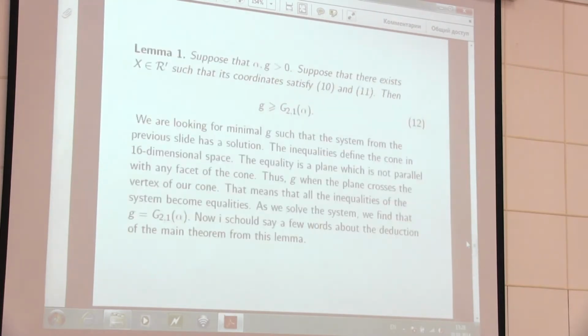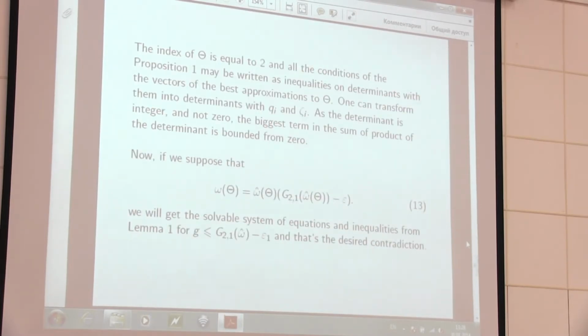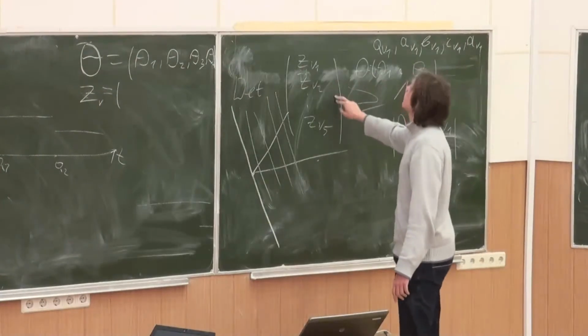And now I should say a few words. How do we deduce the main theorem from our lemma? If the index of theta equals 2, we write all the conditions of proposition 1 as inequalities on determinants, like it was written here.